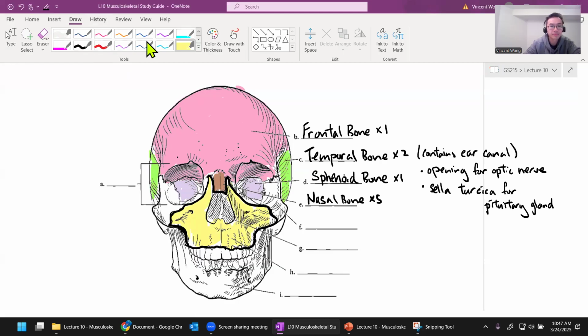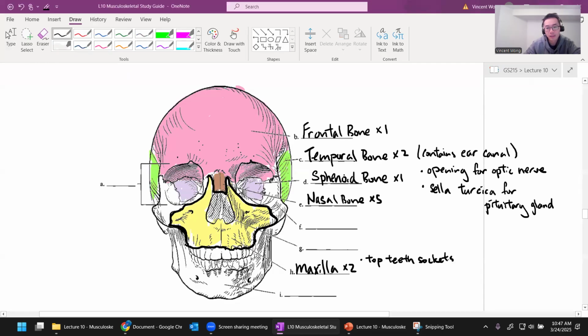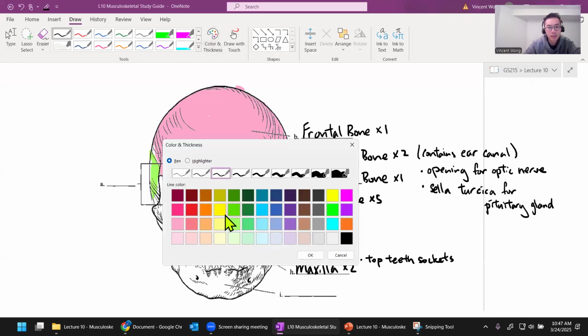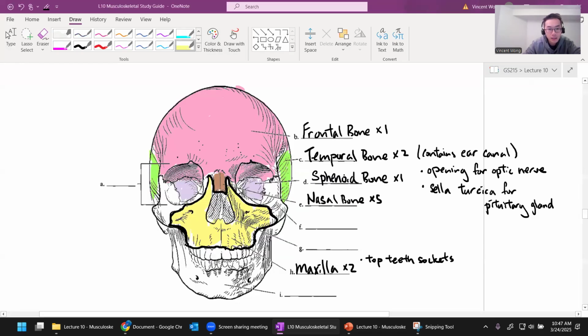Maxilla, times 2, top teeth sockets, okay. Bottom of your eye socket as well. Right here, you color it in, as well as a little bit of the middle.